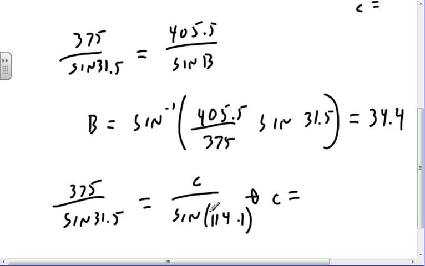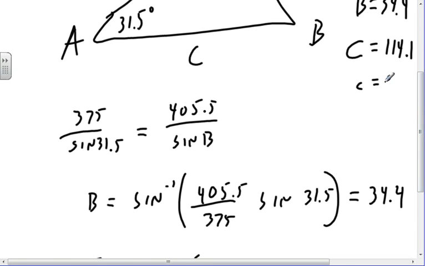Okay, so sine of the answer divided by sine 31.5 times 375 is 655.